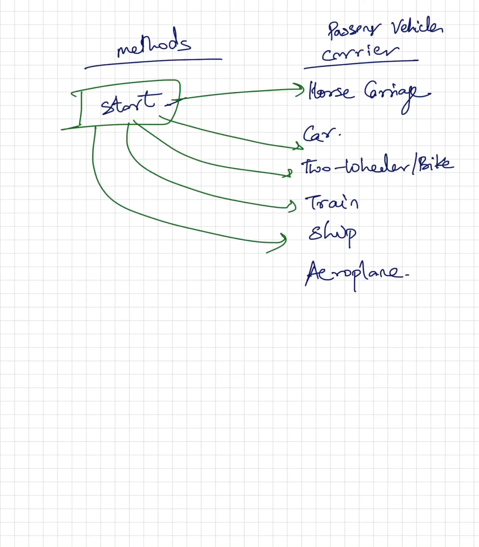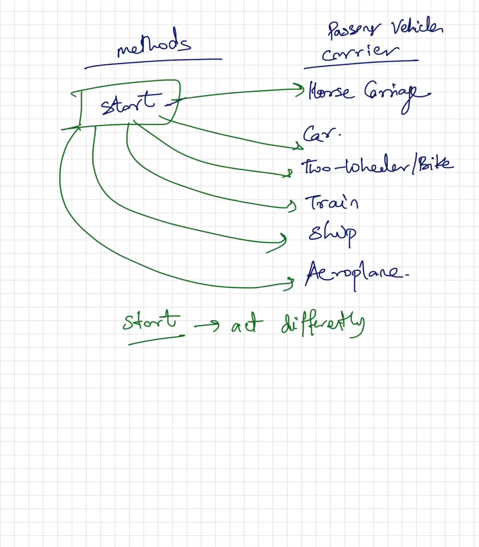In the ship and the plane, there are different ways to start. So all of these can take a command called start, but they act differently on each of them. They operate differently, but the end result is the same, which is start moving.